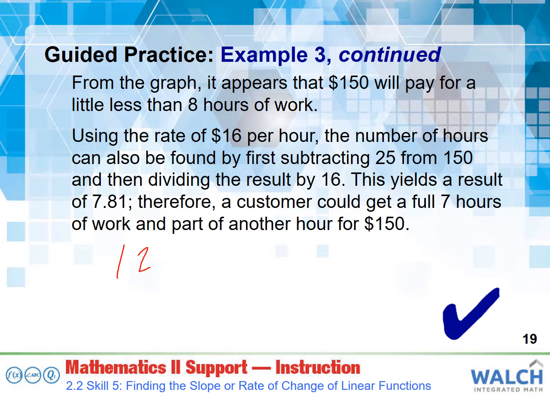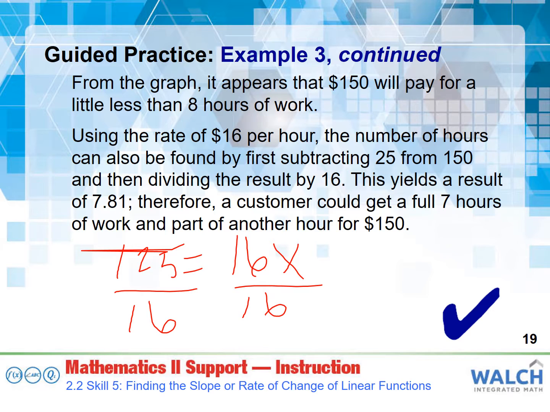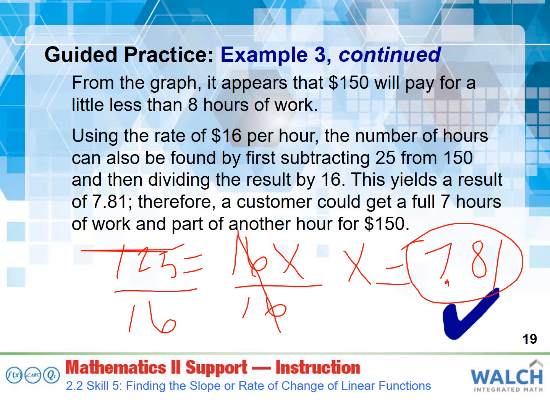So we have 125 equals 16x. Then we divide by 16. So then we have x equals 7.81. I mean, not dollars, 7.81 hours. So that is a little more than 7 and 3/4 hours, a little less than 8 hours.